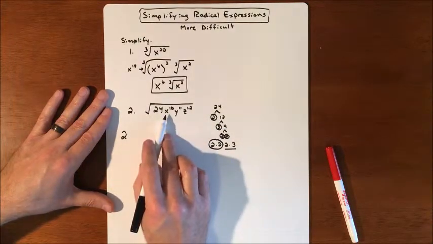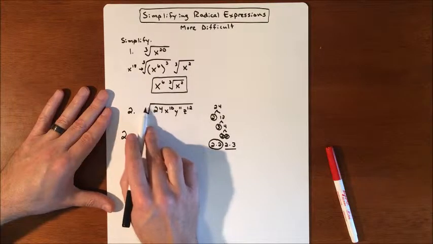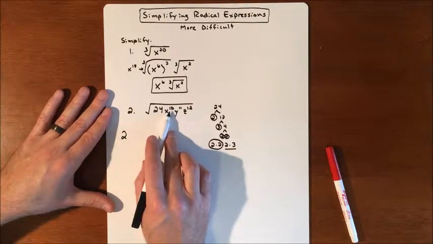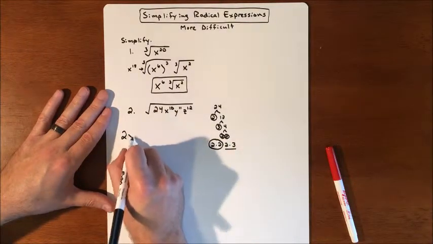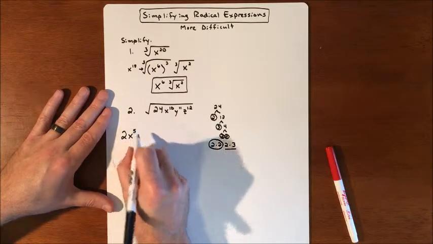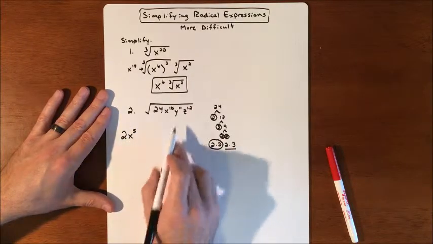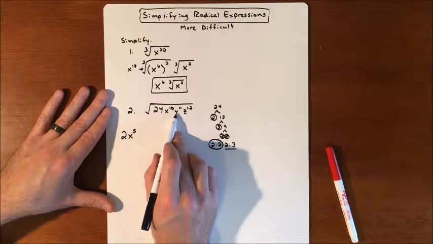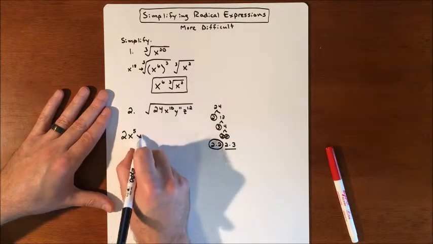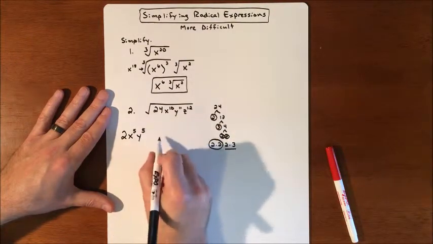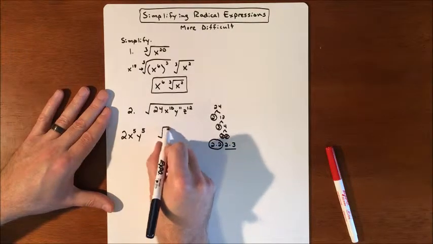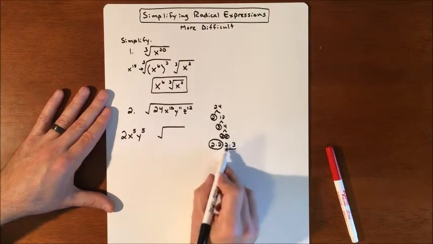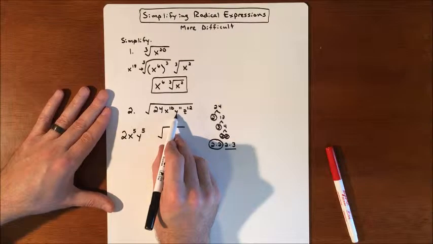And then the variables, we're going to do kind of the same thing. Well, you're looking for pairs. How many pairs can you get out of 10? You can get 5. So you can have an x to the 5th. How many pairs can you get out of 11? You can also get 5. However, you have leftovers. You have number leftovers and you have variable leftovers.